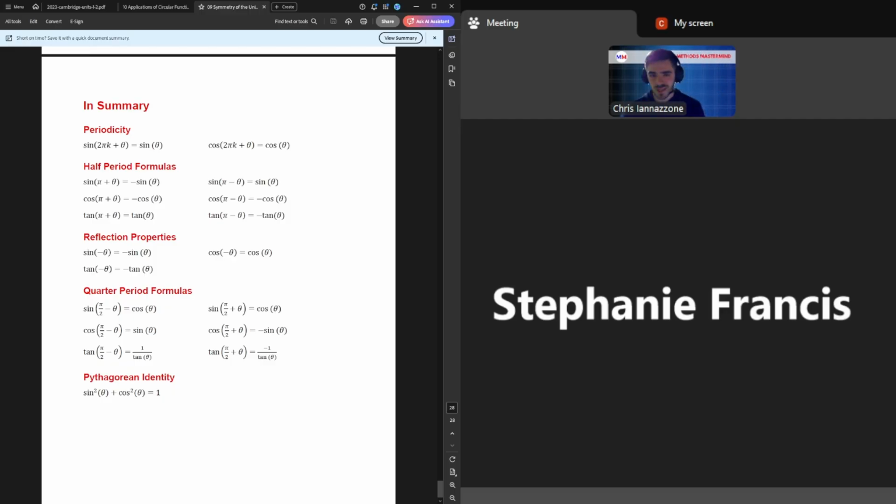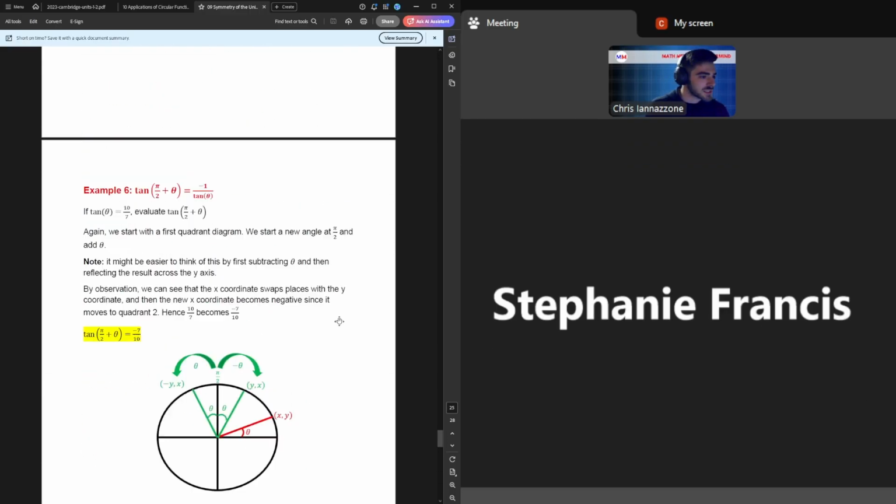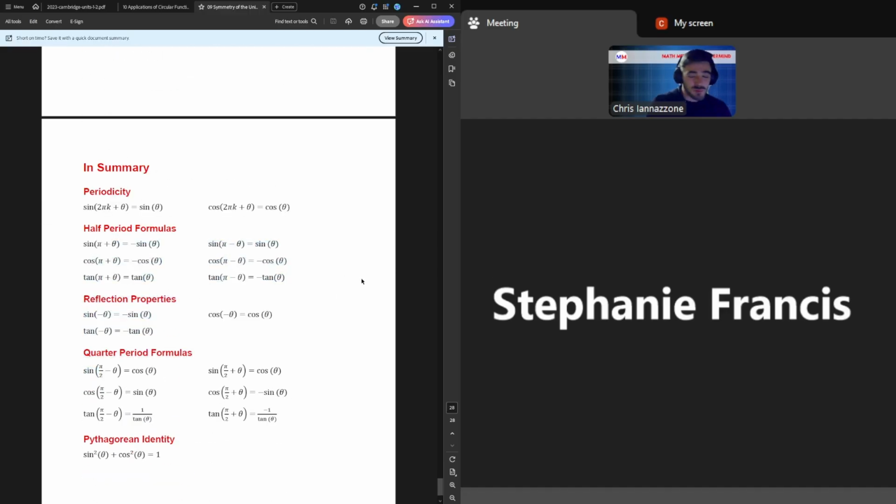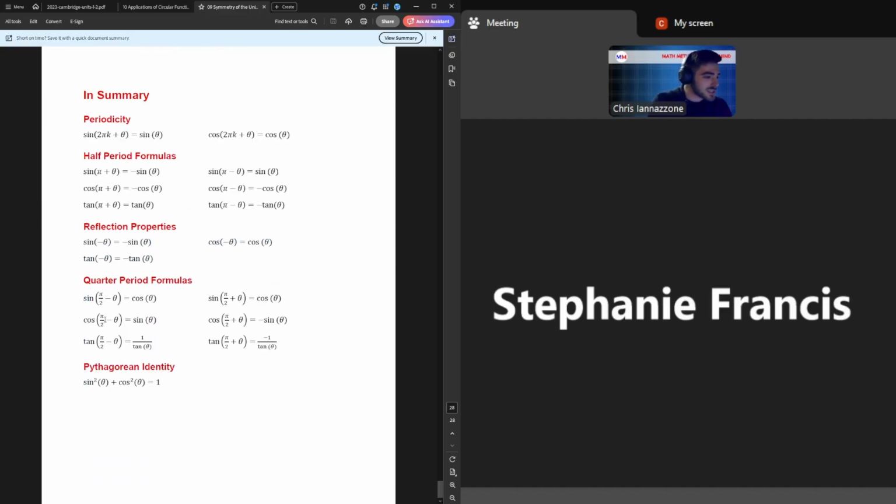I think it's one of the last bits in the chapter, in the school thing rather, which I think I called symmetries of circular functions. If you can't find it, let me know via text or via school, and I'll help you out. But otherwise, that's all we're using. We're using those conversion formulas. You don't really have to know where it came from, as long as you can see, oh yeah, this equals that.